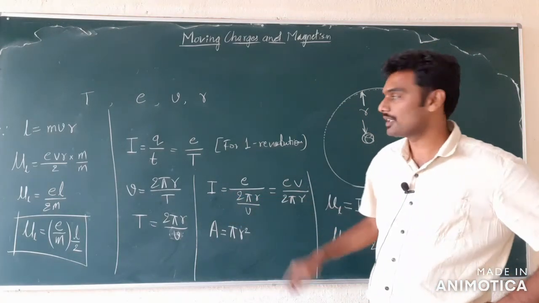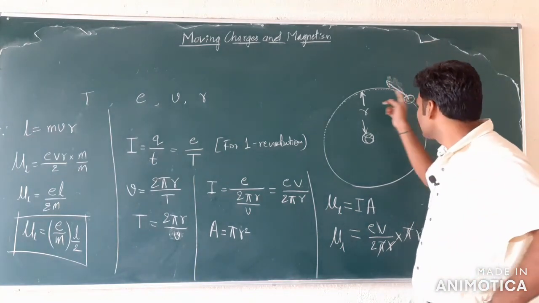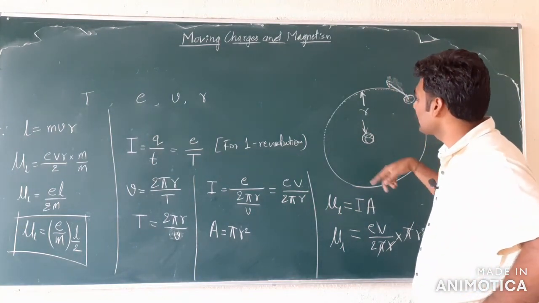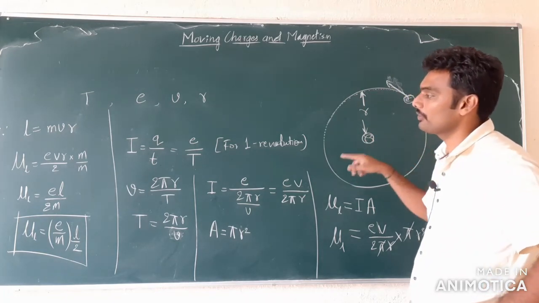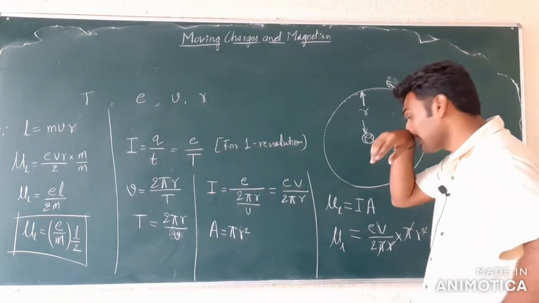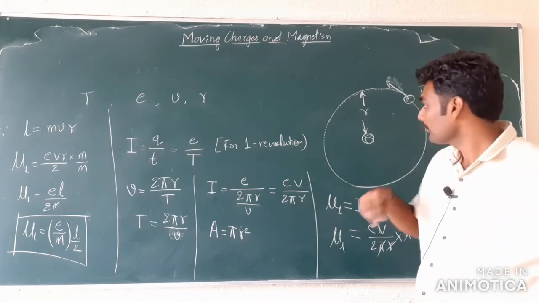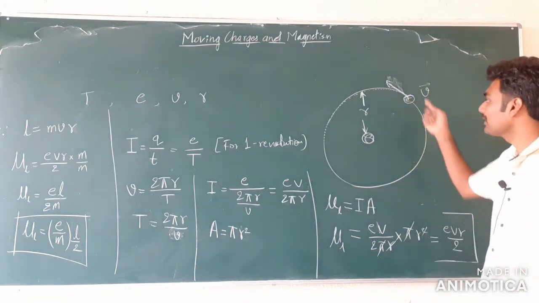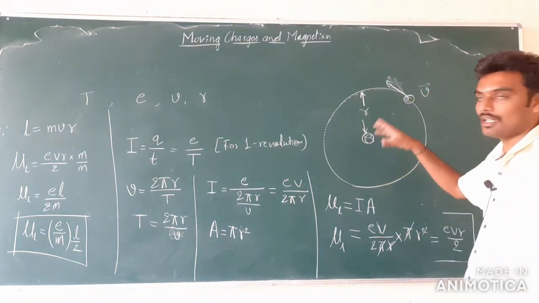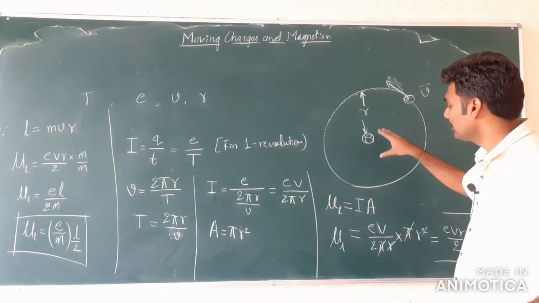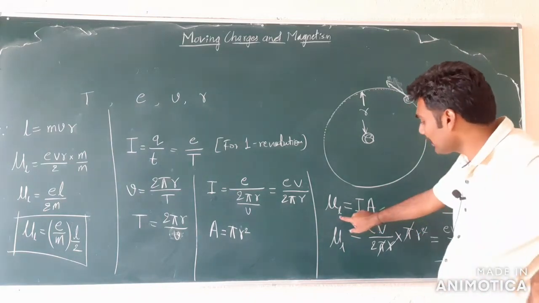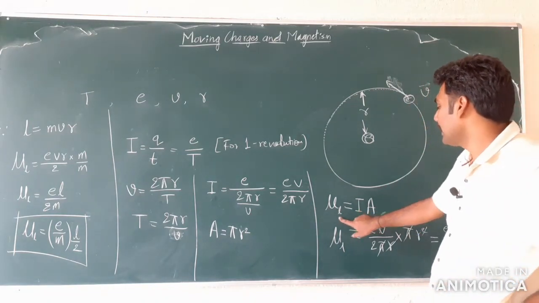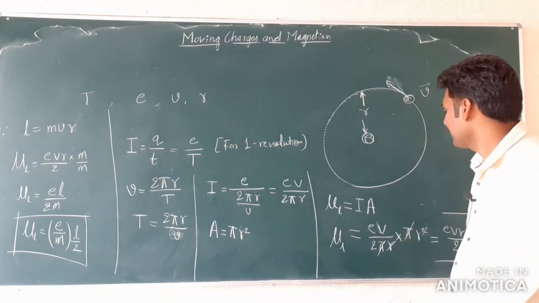And the current in a circular shape gives the magnetic field, or I can call the same arrangement a magnetic dipole, and this magnetic dipole will have a magnetic dipole moment. I considered that magnetic dipole moment as mu L, and mu L is equal to IA.